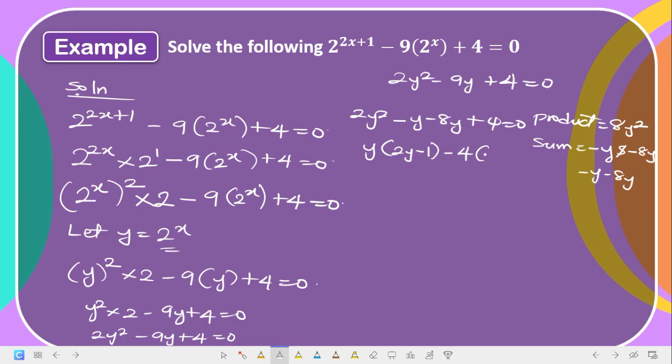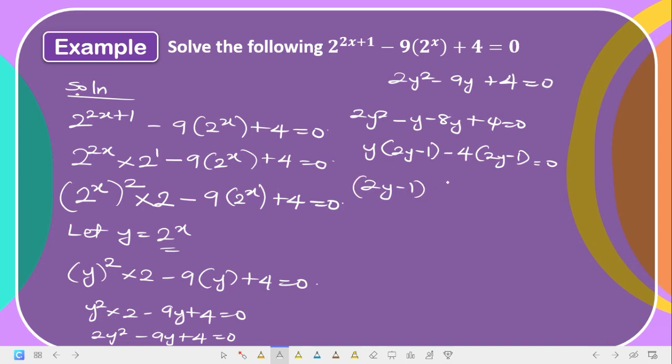So this becomes 2y minus 1, everything equal to 0. Now, have we gotten that? What we do is collect one of those in the bracket, which is 2y minus 1, and then collect this y and this minus 4. So y minus 4 equal to 0.